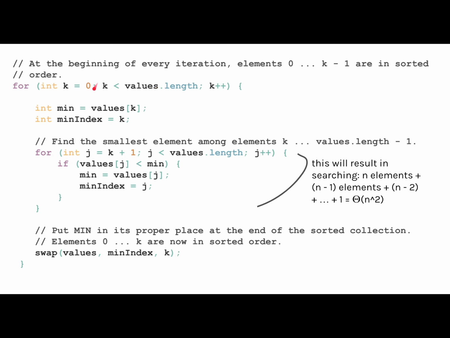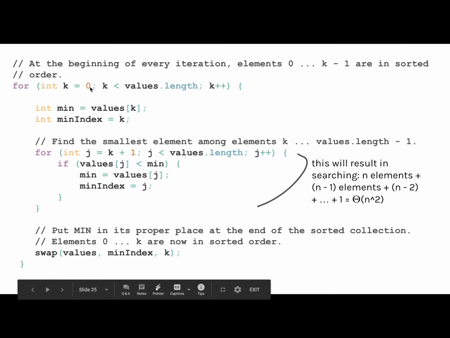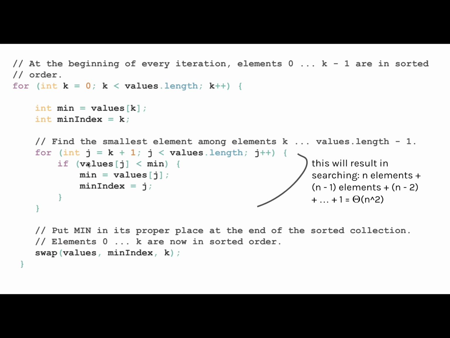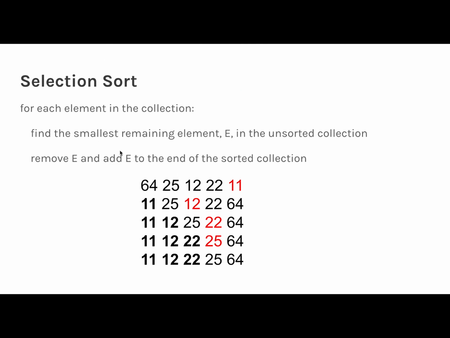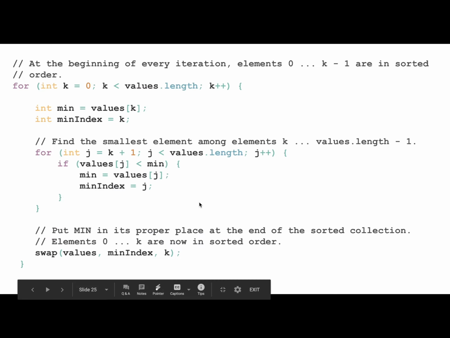So when k is 0, I'm first starting off, so I'm trying to find the smallest value in the entire array. And then I put that at the very front. And then when k is 1, I start searching for the smallest element starting at index 1. So like here, at step 0, I search for the smallest element in the whole array. Step 1, I search for the smallest element starting at index 1, and then index 2, then index 3, etc.